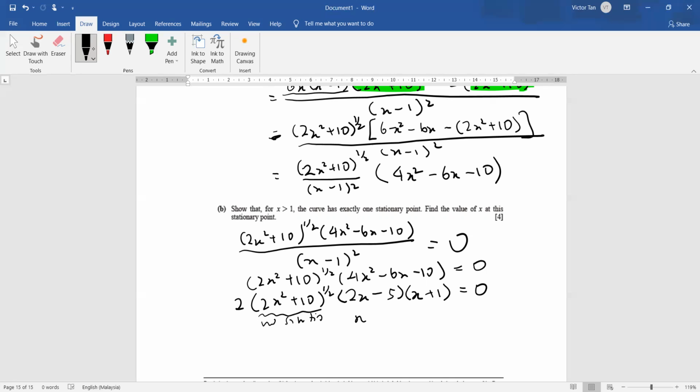So you have x equals to 5 over 2, or x equals to minus 1. So this is rejected. So there's only one solution for x larger than 1.